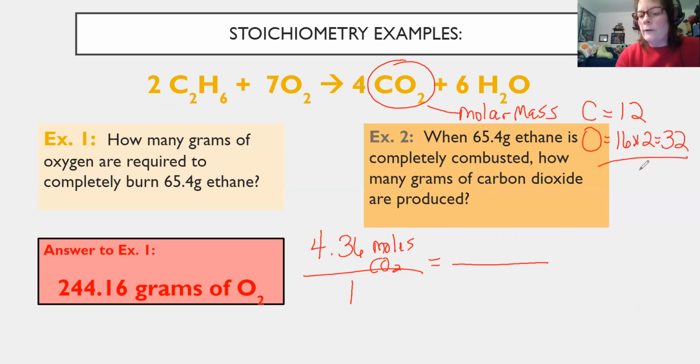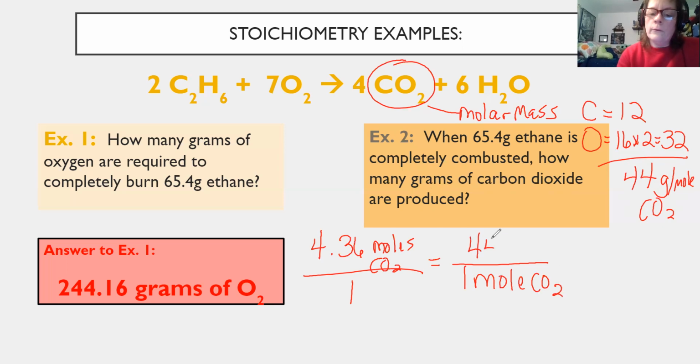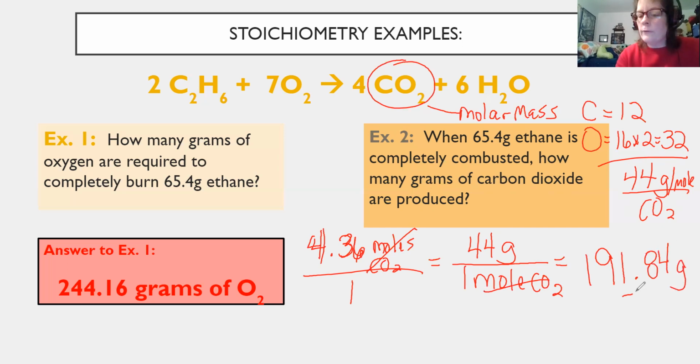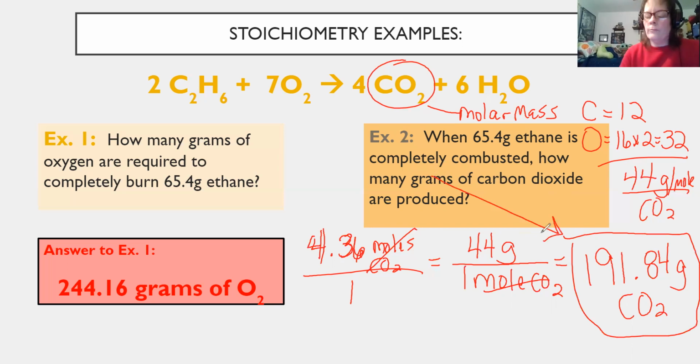Add those together and you get 44 grams per mole for CO2. So 1 mole of CO2 is equal to 44 grams. Cancel out your moles, because we don't need that, and really you're just putting 4.36 times 44 into your calculator, and you should get 191.84 grams of CO2. That is the final answer for this problem.